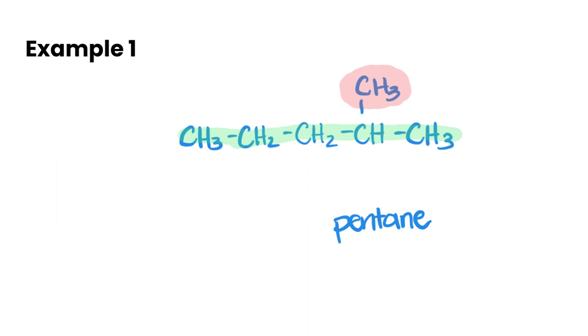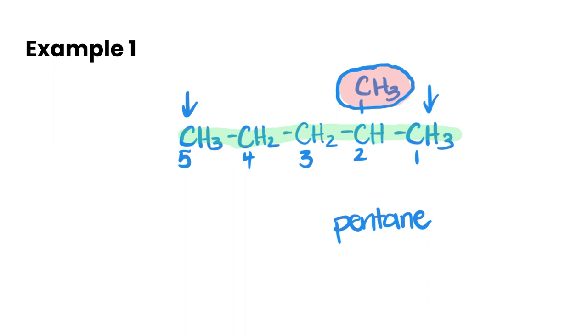Since we have only 1 here, we can either choose to start numbering from this end here or this end here. If we start from this end, it gives our substituent group the lowest possible number. So I'm just going to number those 1 through 5, meaning that we have a 1 carbon, or a methyl group, attached to carbon 2 of our longest chain.